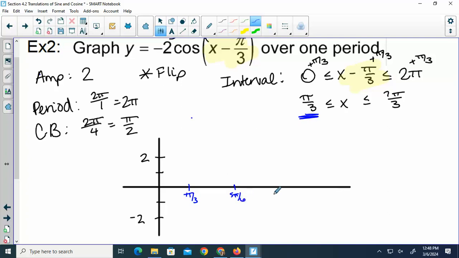Okay, we need 5 total points. So, plus pi over 2, plus pi over 2, plus pi over 2.